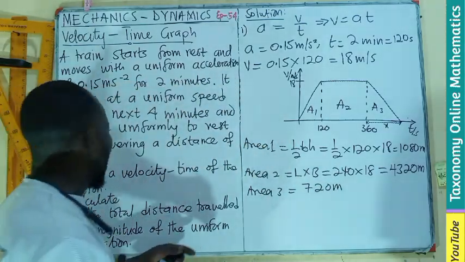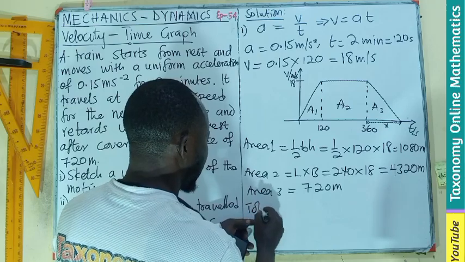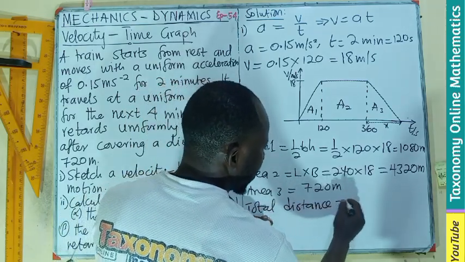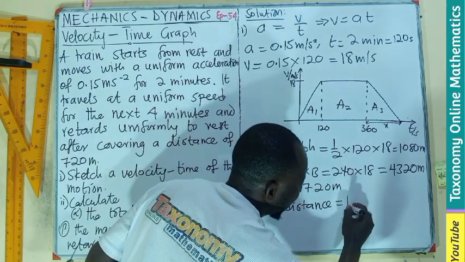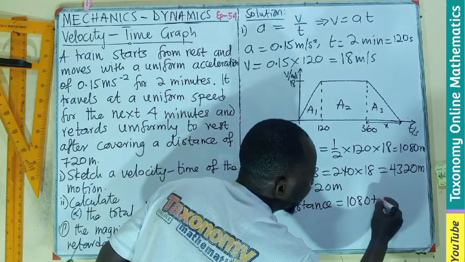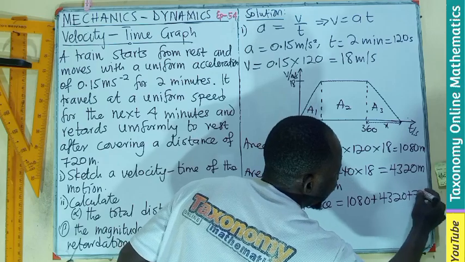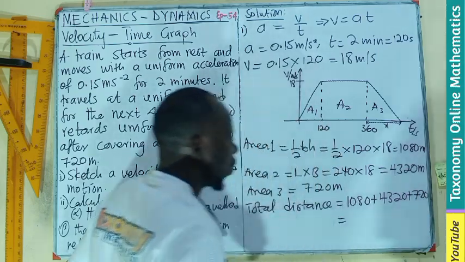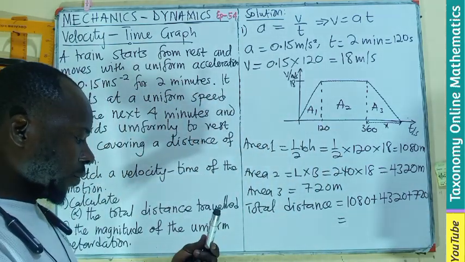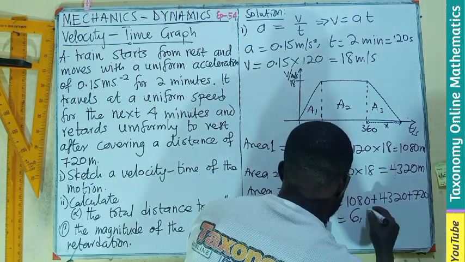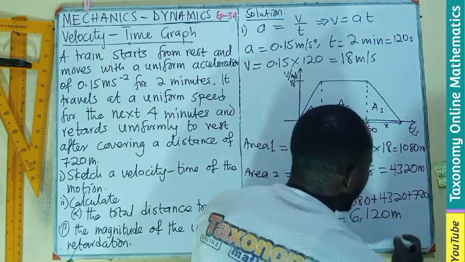So our total area, which is the total distance, is just going to be the first one, 1080, the second one, 4320, and 720. When we put all this together, that will give you 6,120 meters.